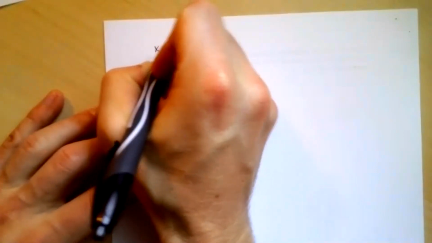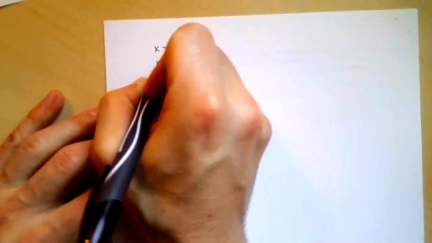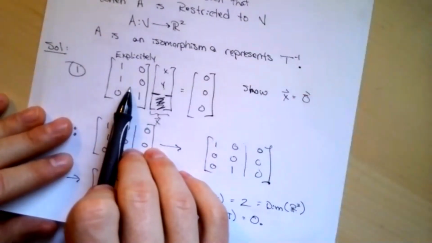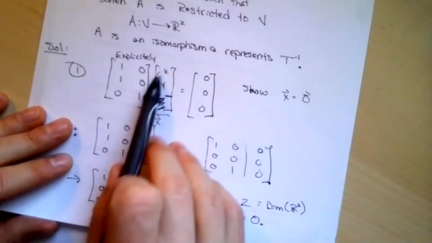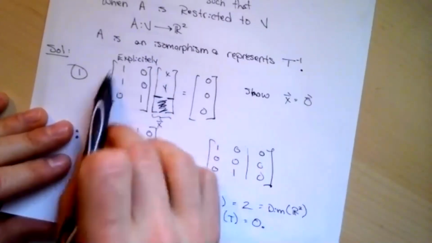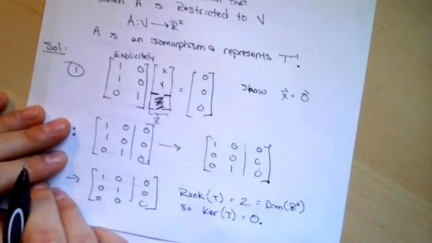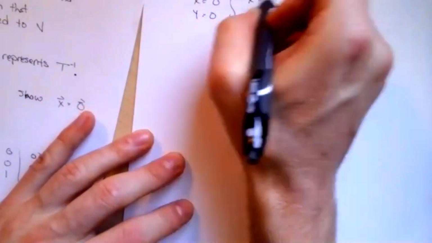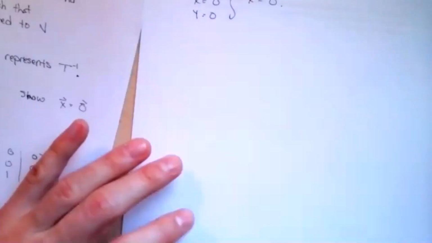If we multiplied it out, what would it show? It would have shown x equals 0 and y equals 0 would have been the equations we got from matrix multiplying our matrix on the vector. And so the equations, of course, we get x equals 0, y equals 0. This implies that the entire vector is itself 0.